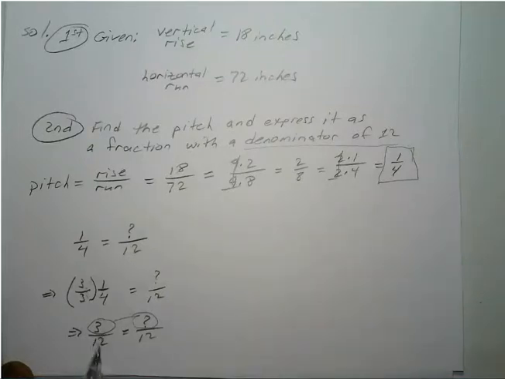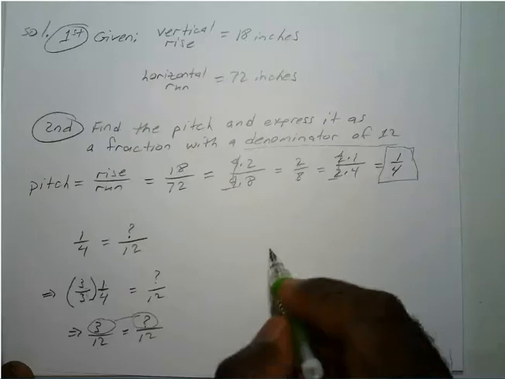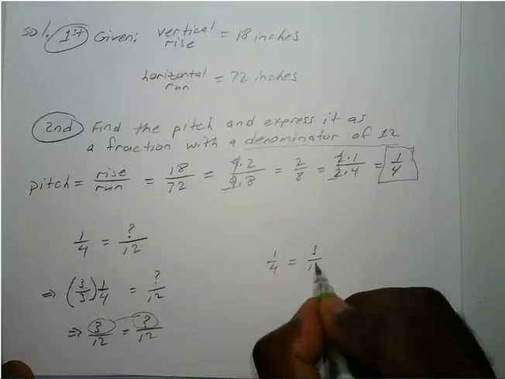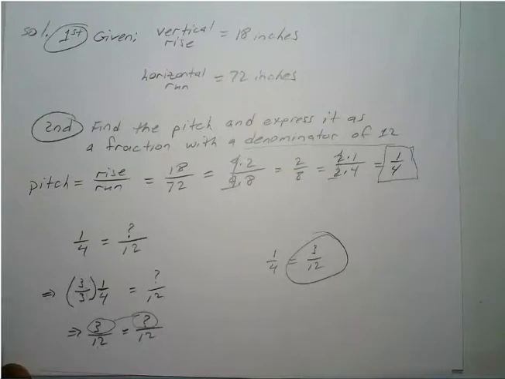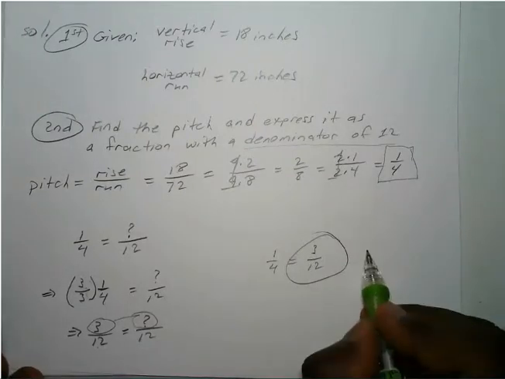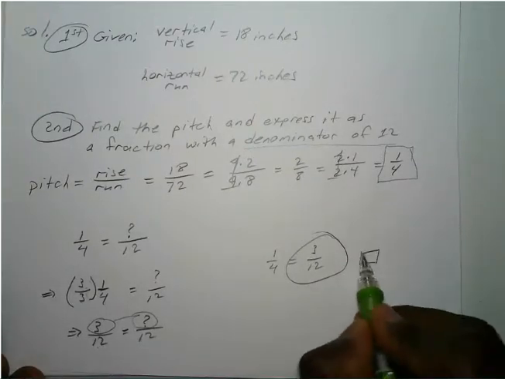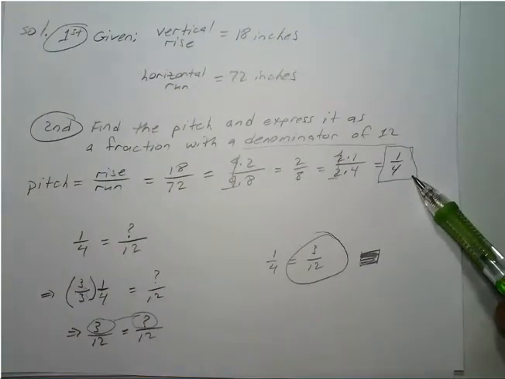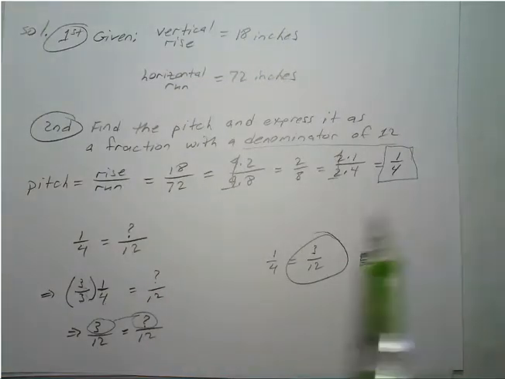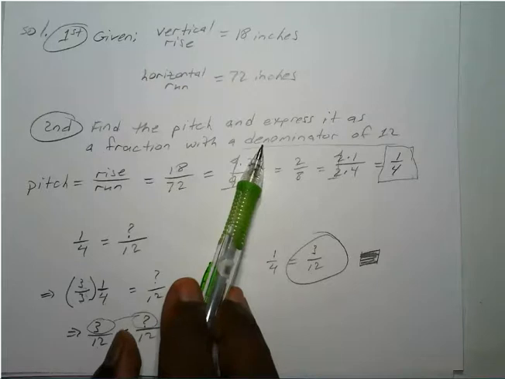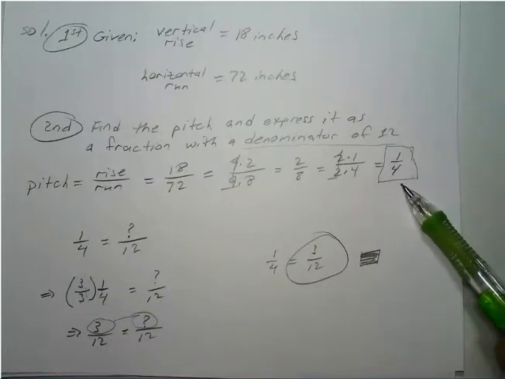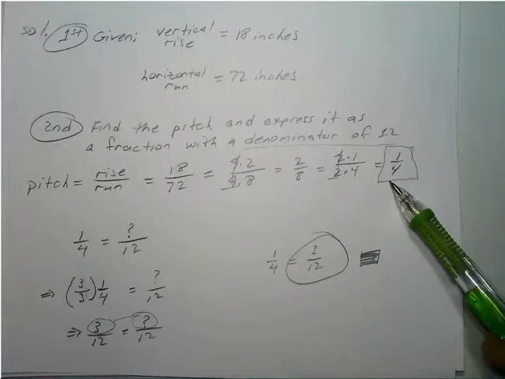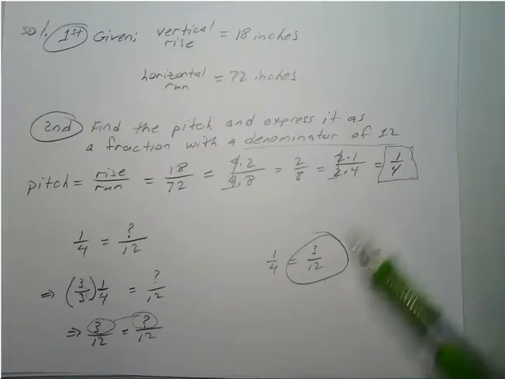Okay, so we know that we have to rewrite this 1/4 is equal to 3 over 12. Which is how we will write our final answer. So even though this 1/4 is correct, because they said they wanted the answer written with a denominator of 12, if you wrote 1/4, you are almost correct, even though the answer was right, but it wasn't in the right form.